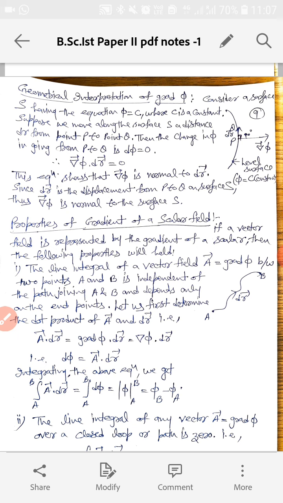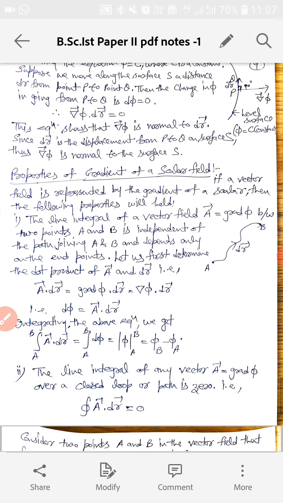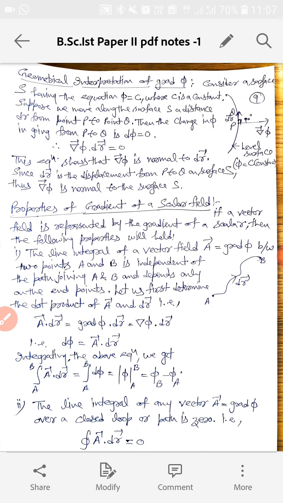Suppose on this level surface we move a certain distance dr from point P to point Q. In that case the change in phi going from P to Q, d phi, will be 0, because on this level surface phi is constant. So gradient of phi dot dr will be 0. The scalar product of gradient of phi with displacement will be 0.